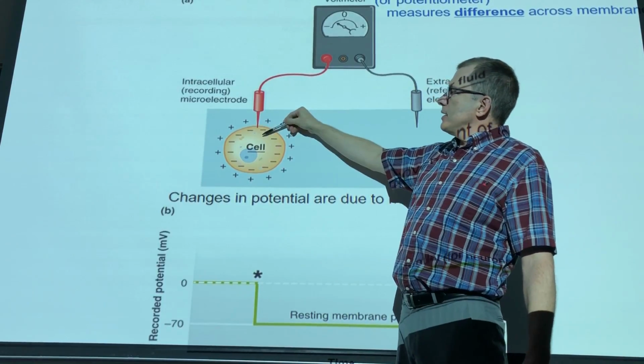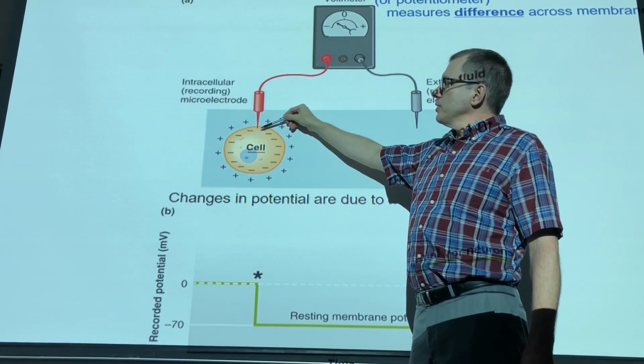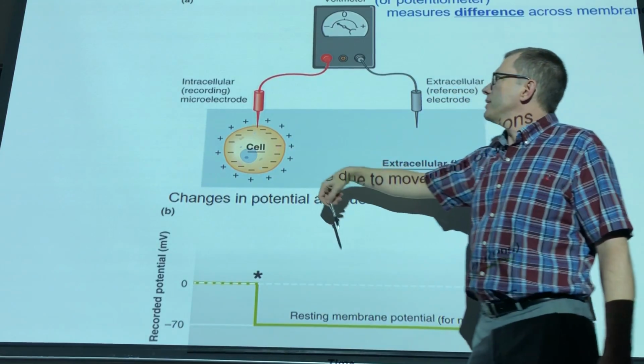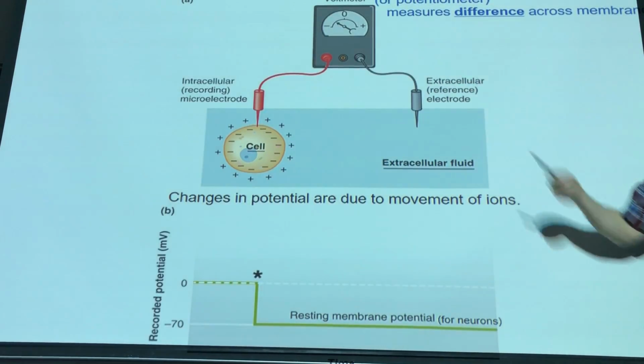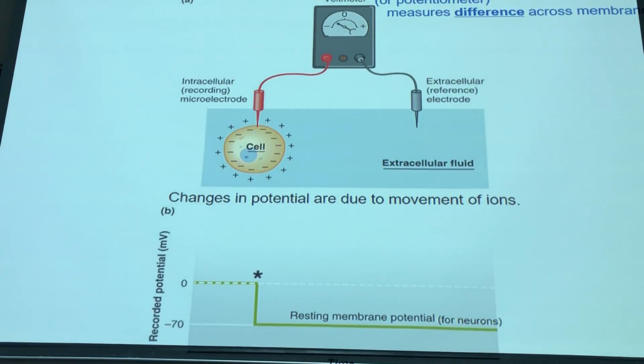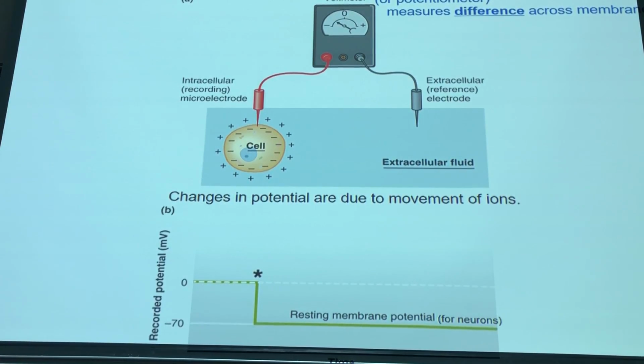And if we stick a little tiny microelectrode into that cell, we can use a voltmeter, or physiologists call it a potentiometer because they're such small. They're in millivolts, they're not volts. So it can also be called a potentiometer, the equipment.